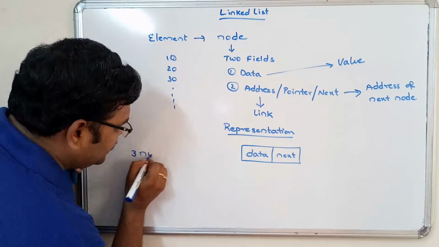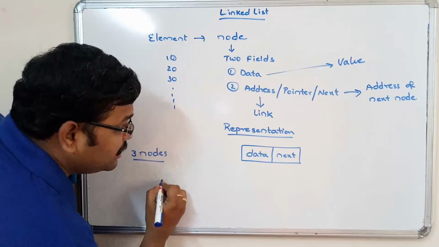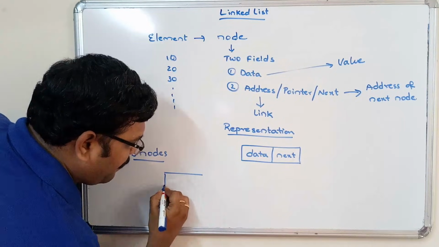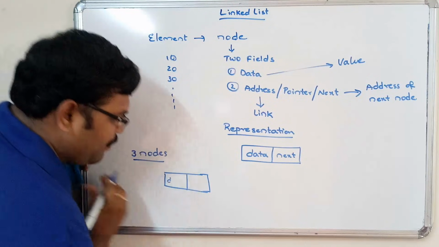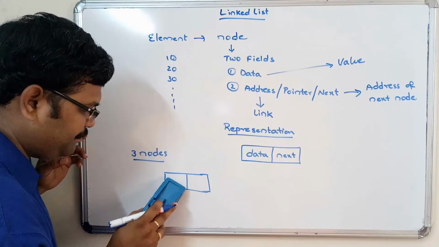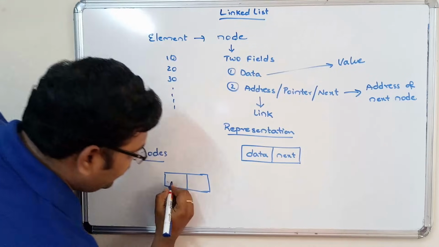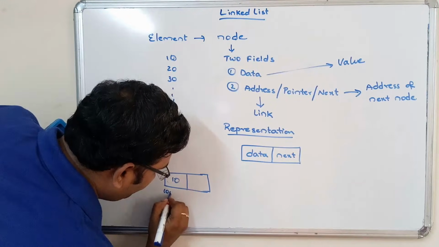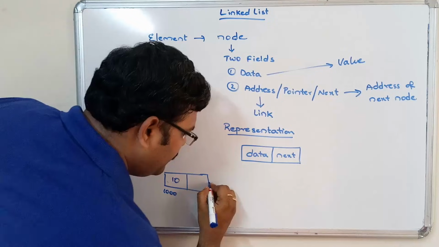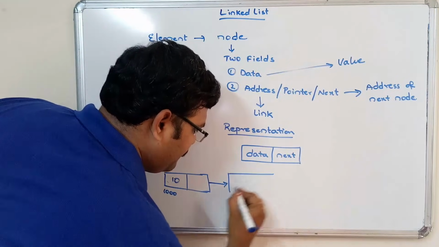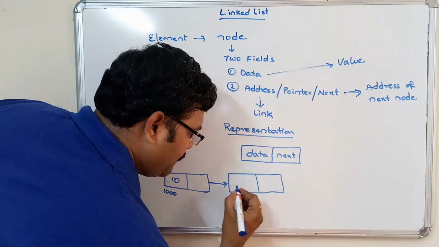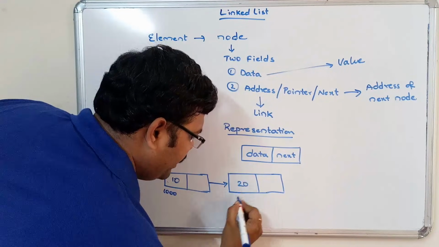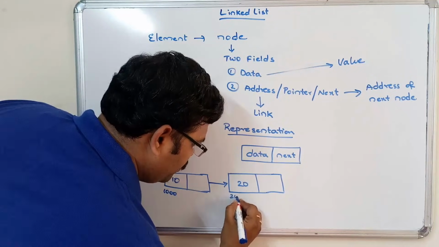So if the list contains three nodes, let us take 10 and the memory location is 1000. The next is 20, the memory location is 2000.